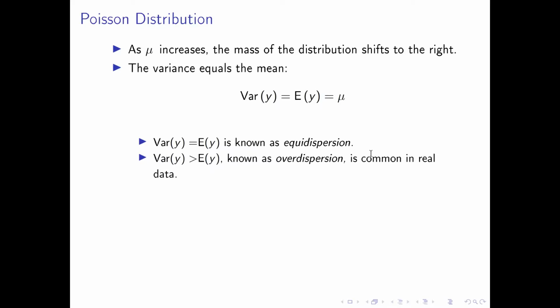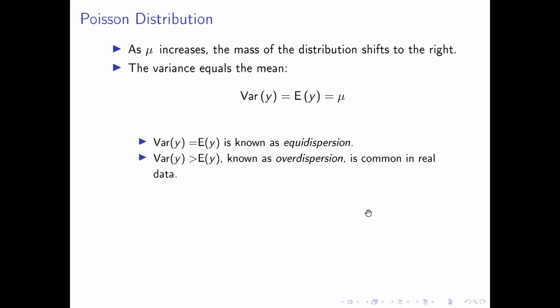When the variance of y is greater than the expectation of y, it's known as overdispersion, and it is very common in real data. The negative binomial regression model and zero-inflated count regression models were introduced to address such issues.